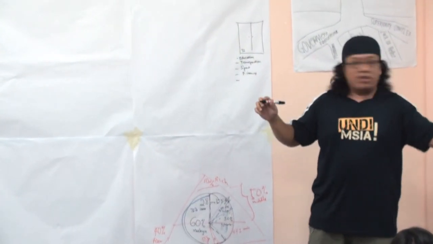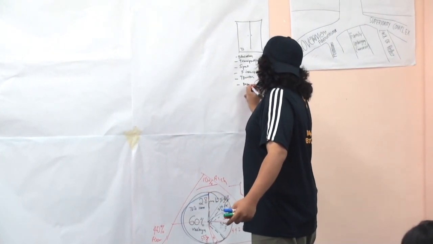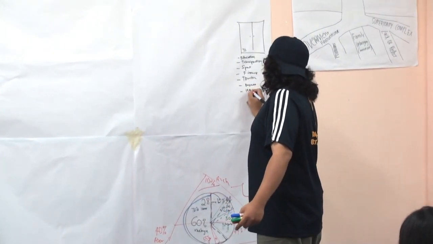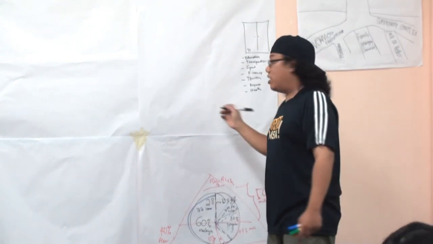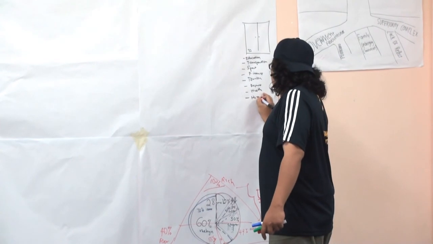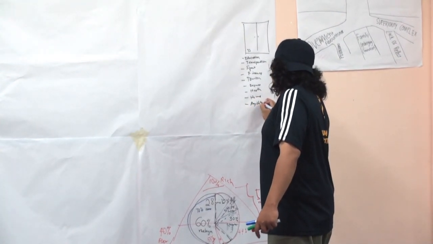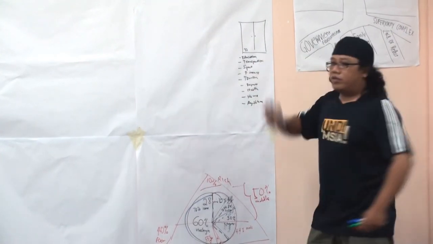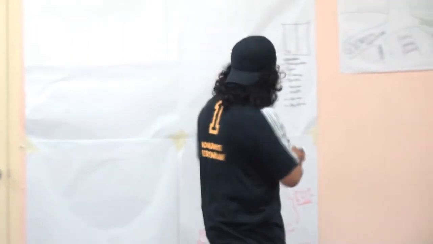Tourism, defense, health, home ministry, agriculture. Okay. And who heads the cabinet? Who is the head of the cabinet? Prime Minister. The official post is Prime Minister.